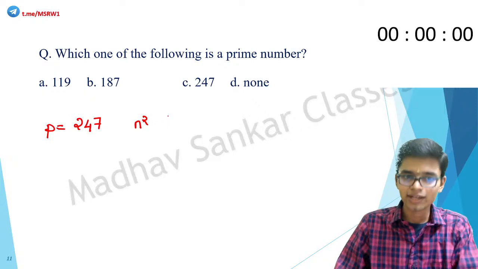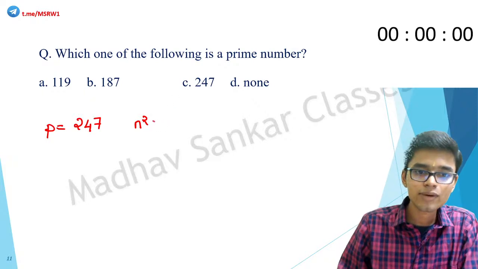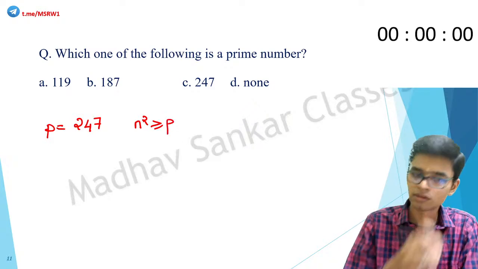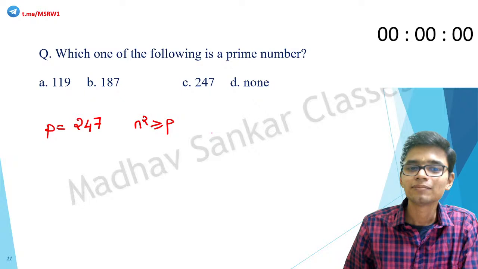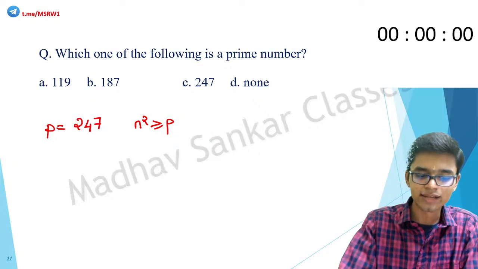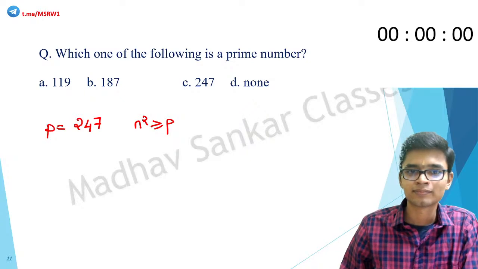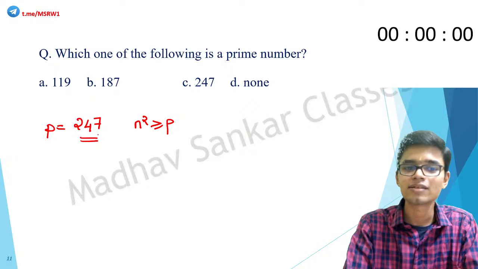Okay, so we have to find a value for n such that n squared is greater than or equal to p. So what is the value of n that we can take here? Anyone? If p is 247, then what is the value for n?